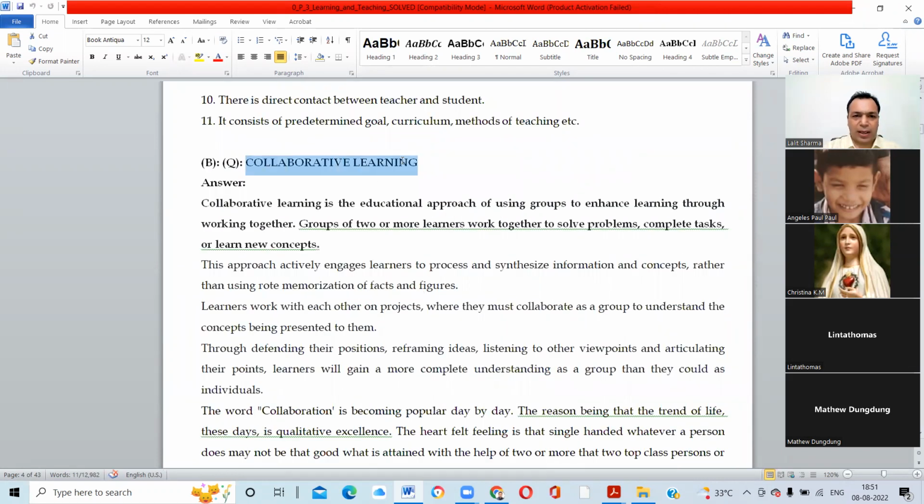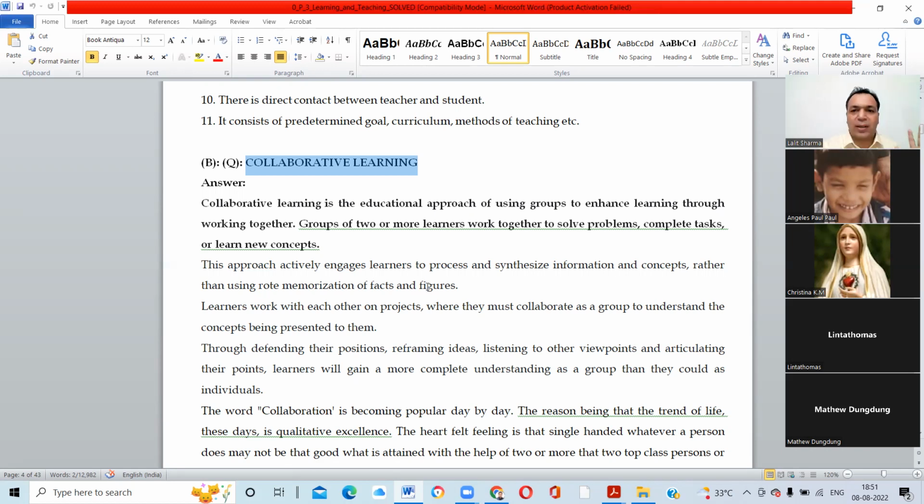Next, collaborative learning. You know that it is an educational approach of using groups to enhance learning through working together. Another name is collaborative, meaning more than one group working on a project. Suppose for innovation of a new product, some groups are working together.